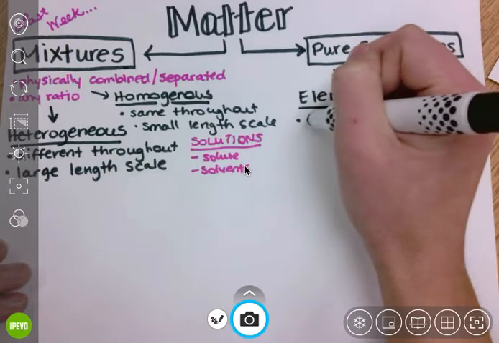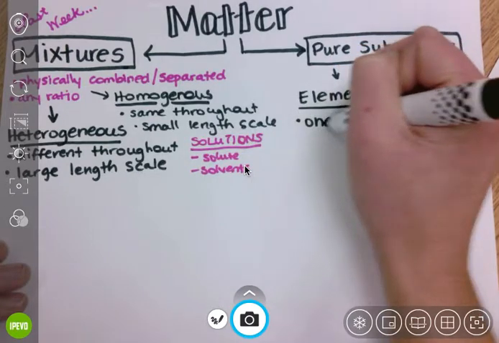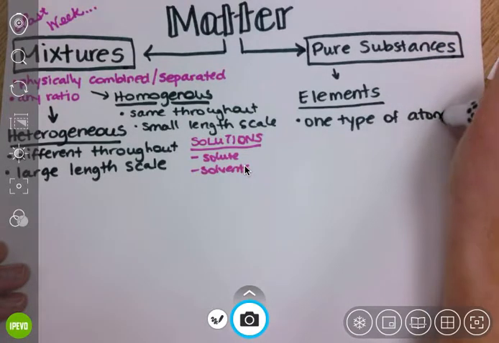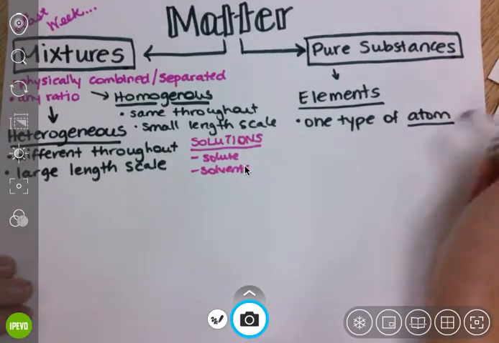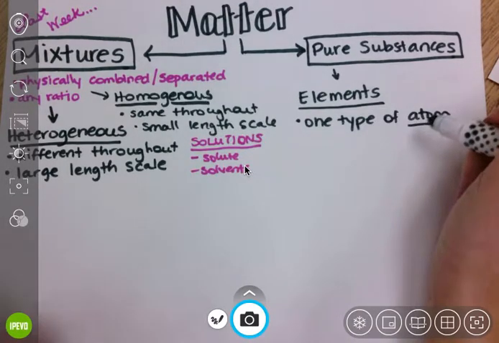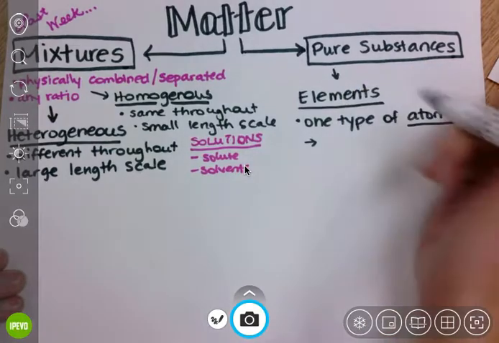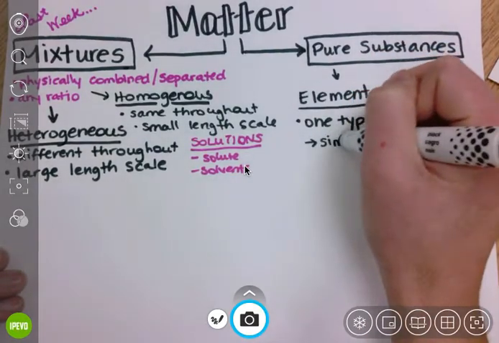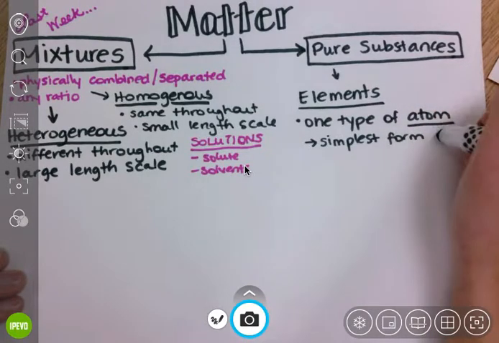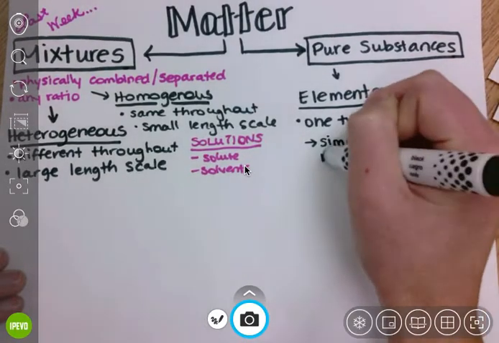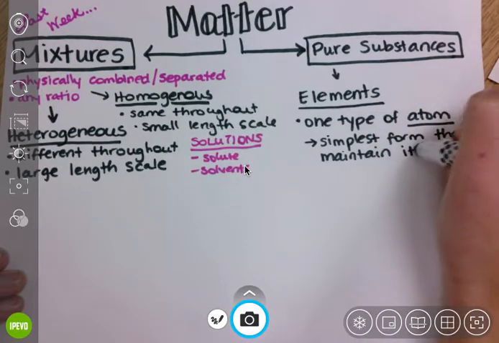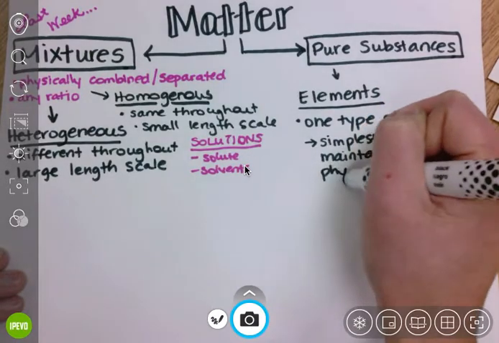Elements are made of only one type of atom, okay? And when we see the word atom, that's another definition that we got from our card sort, that an atom is the simplest form of an element that maintains its physical and chemical properties.